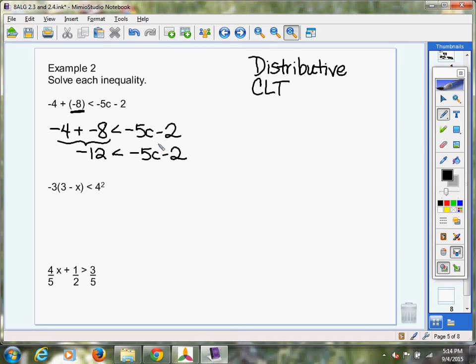So we want to protect that c term right now, just leave it where it is, and let's move the -2. How do you undo subtraction? That's right, we're going to add 2 to each side. Now I'm going to bump into this next problem, so I'm going to move it up here over to the right, and I'm going to get -10, because -12 plus 2 is -10, is less than -5c.